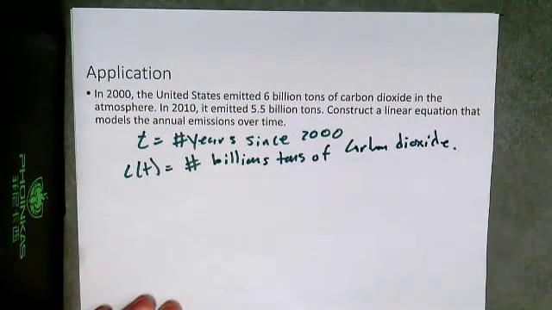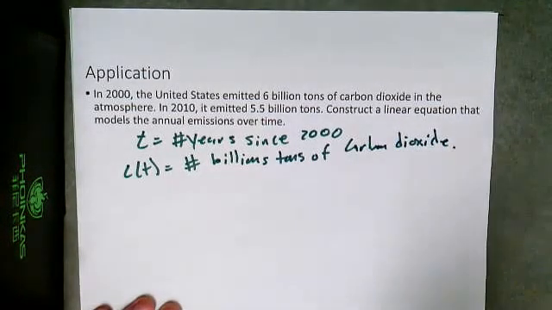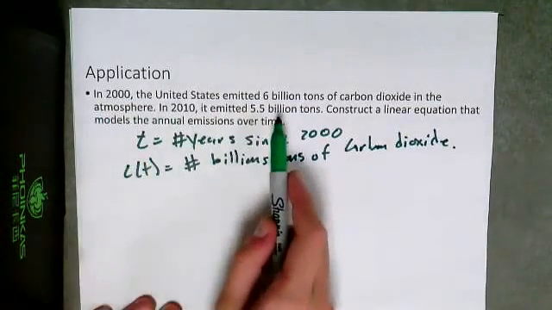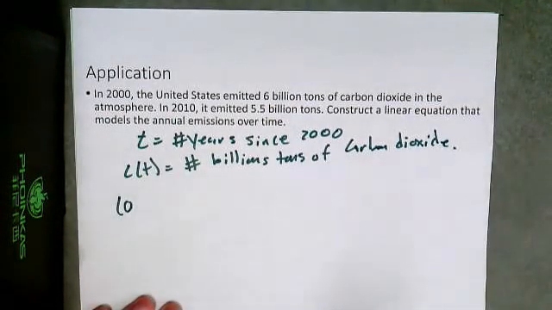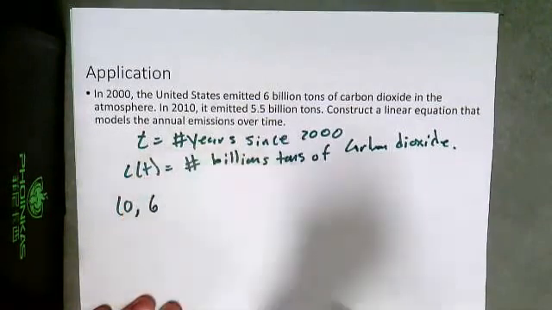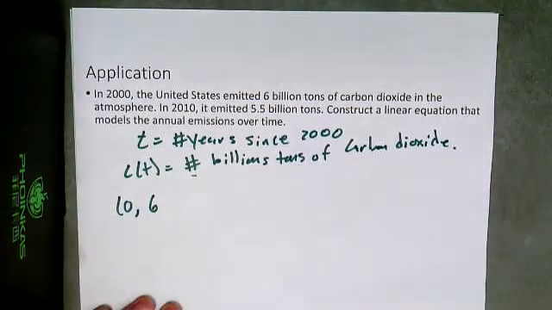So if this is what t is, this is what C of t is, then what are our points? Well, what are we given? In 2000, it was 6 billion. So at t equals 0, years since 2000, there was 6 billion. C of t is measured in billions of tons.